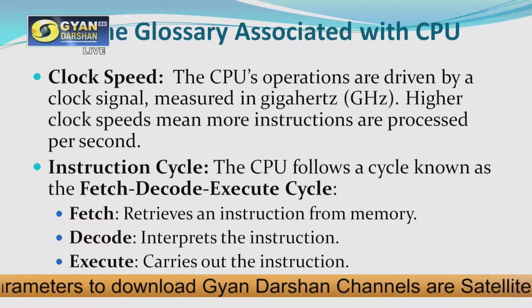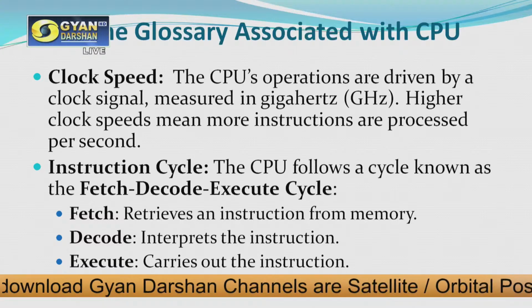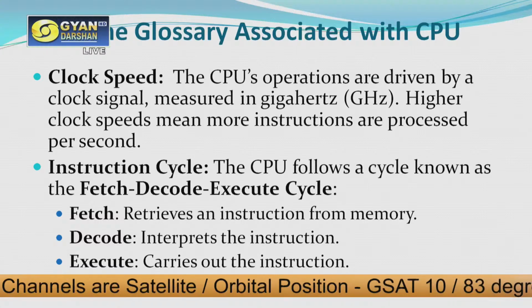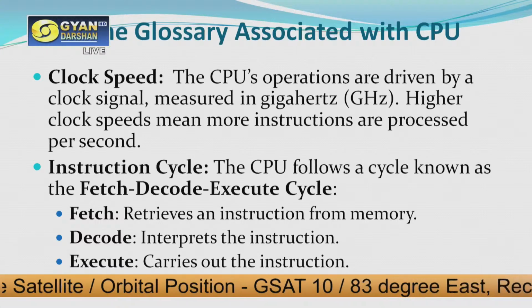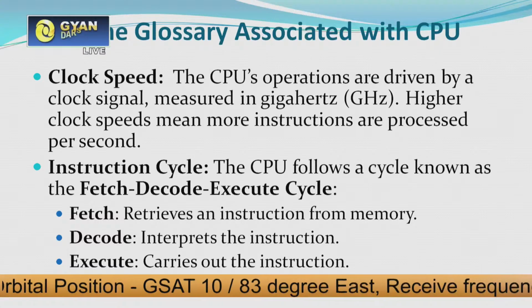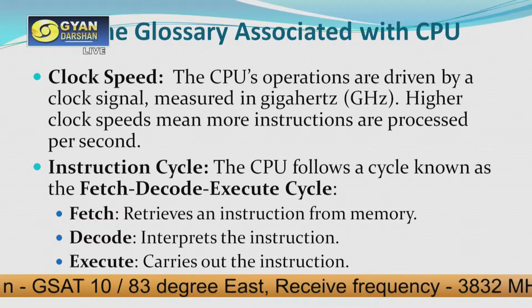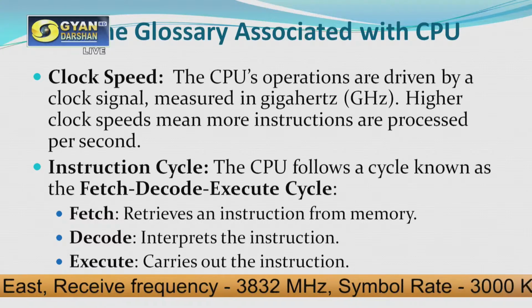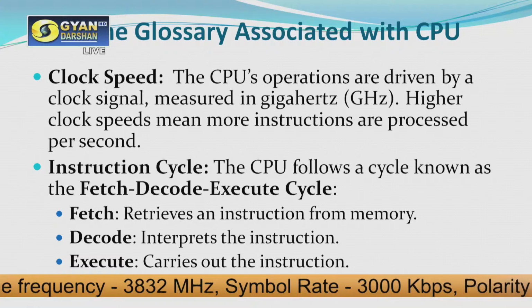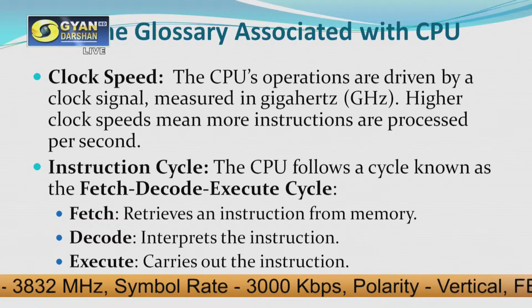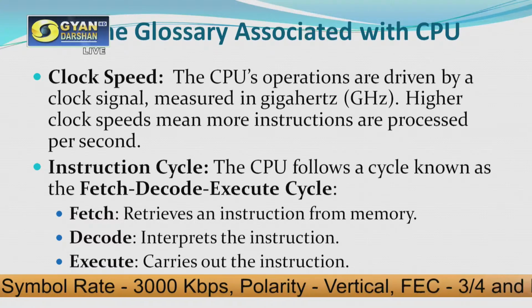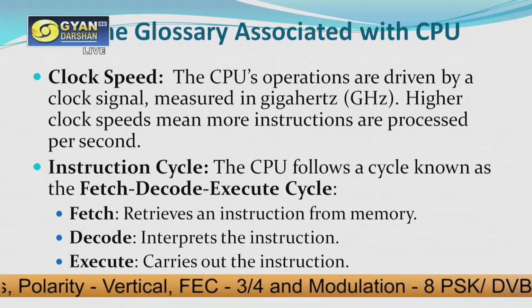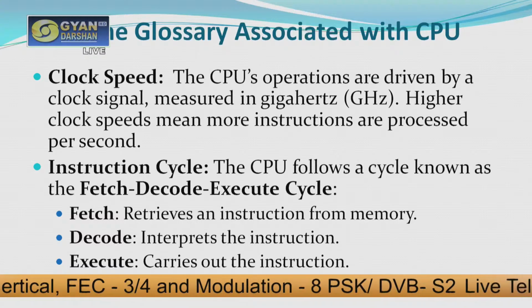They are specially mentioning the specification of the processor, that is, the clock speed of the processor. The higher the clock speed, the more instructions are processed per second. All these things come under the clock speed.